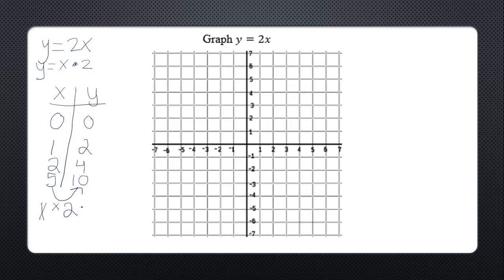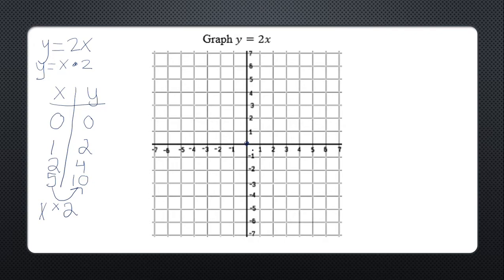All right. So now one of the ways I can do this is if I plot the points on the graph, okay? So if I plot 0, 0, that's going to be at my origin.